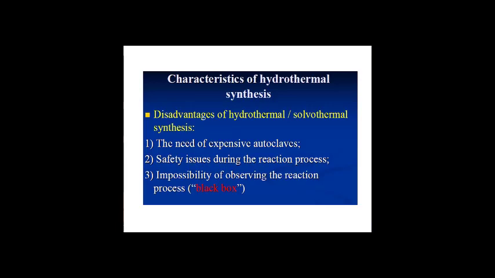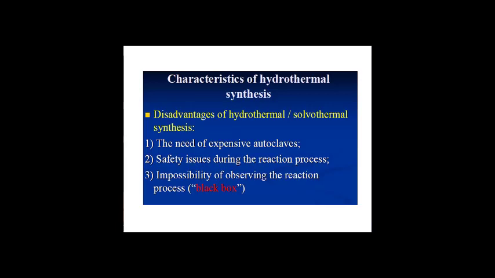The third one is that the chemical reaction is occurring in a closed box, and we cannot see anything inside the box, and we have just placed it into a furnace or an oven. We cannot observe what chemical reactions or chemical changes are occurring during our synthesis process. So it is just like a black box.